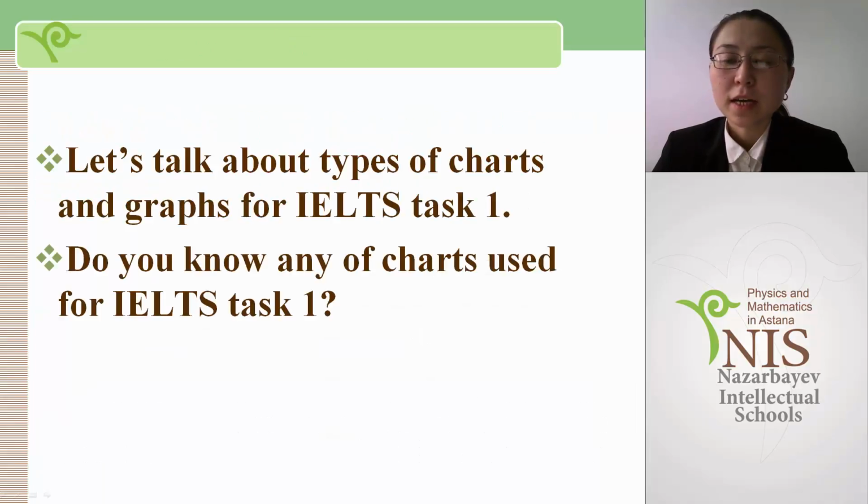Let's talk about some types of charts and graphs for IELTS task 1. Do you know any of the charts used for IELTS task 1? Any ideas? Okay, that's great. Now let's see what kind of charts we have for IELTS task 1.